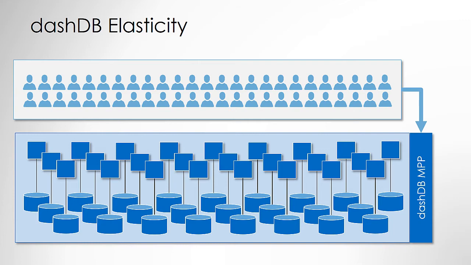With MPP, a single database instance can consist of 2, 10, or hundreds of database partitions on different servers which distribute the workload. Imagine a single database that runs on hundreds of servers in parallel. Partitions can be added and removed on the fly to accommodate changing requirements by scaling up and down as necessary.